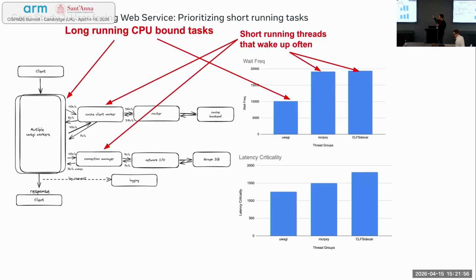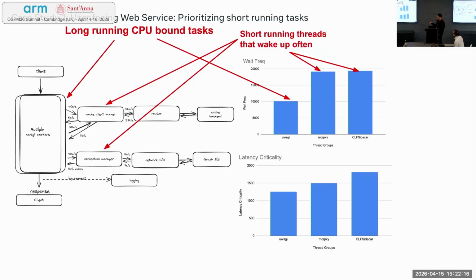LAVD views this chain as small threads that wake up very often, so it sees these as, quote unquote, more critical to the system. As you can see, the wake-up frequency is tied to how LAVD views latency criticality.